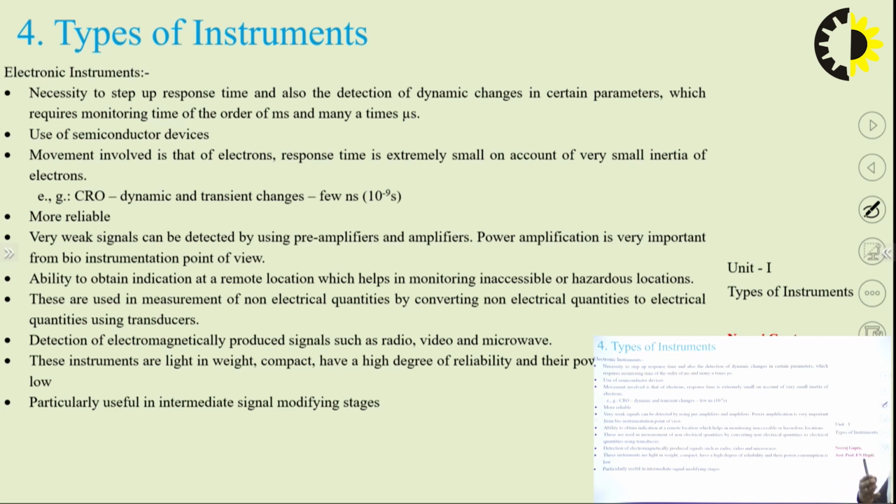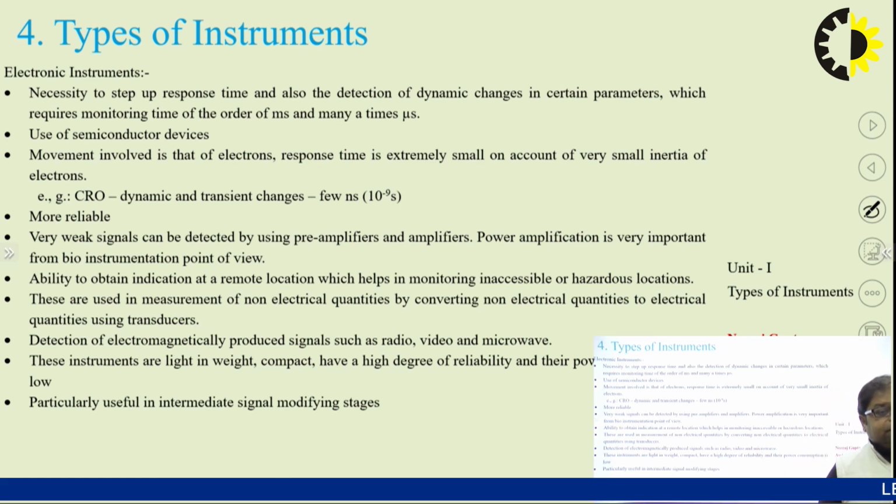Signals like ECG, EMG, EEG are very weak in nature. The amplitude is very low. For observing them, power amplification is required. Instrumentation amplifiers are generally implemented with very high amplification factors to measure these bioinstrumentation signals.